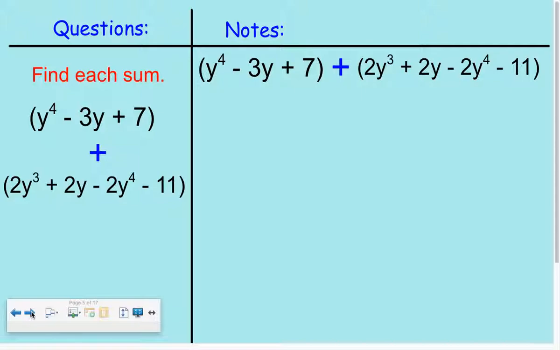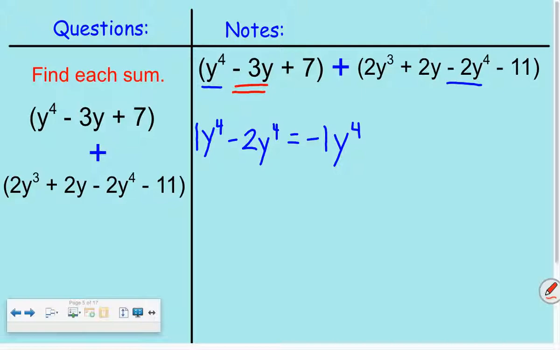Alright, this time we've got some different exponents. So we've got y to the 4th this time. So y to the 4th, and then there's a negative sign in front of the 2y to the 4th. So if it helps you, you can put a 1 there, but 1 minus 2 is negative 1, y to the 4th. Then I've got a negative 3y and a 2y.